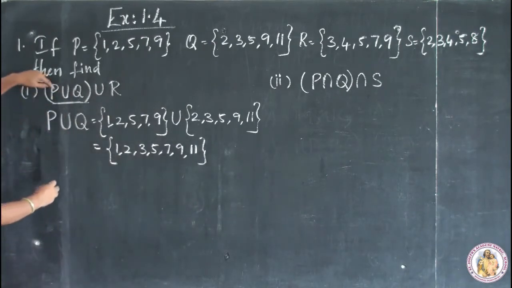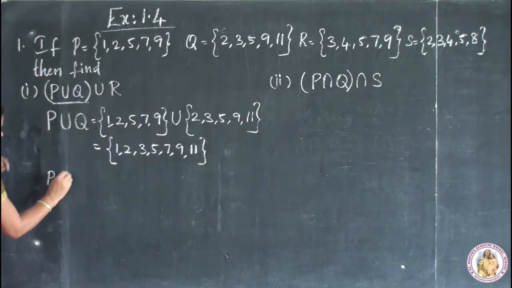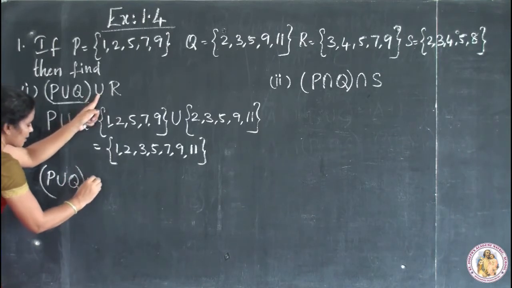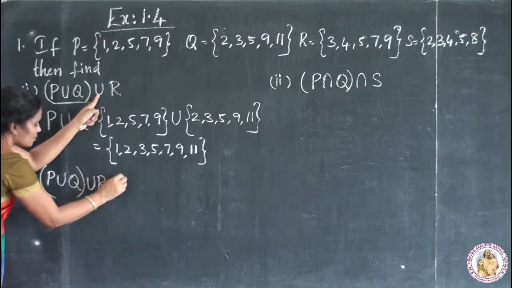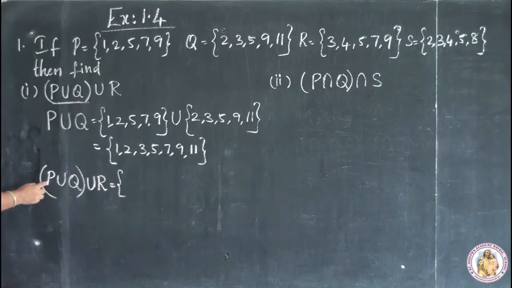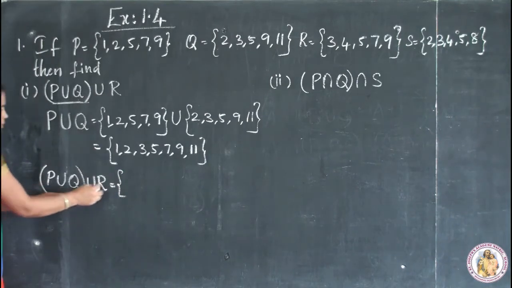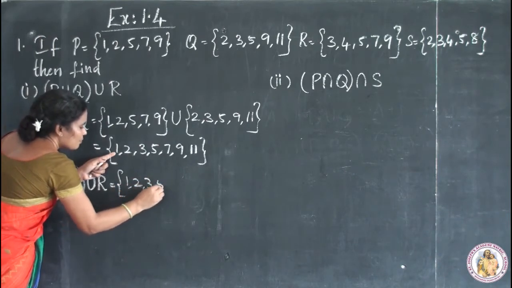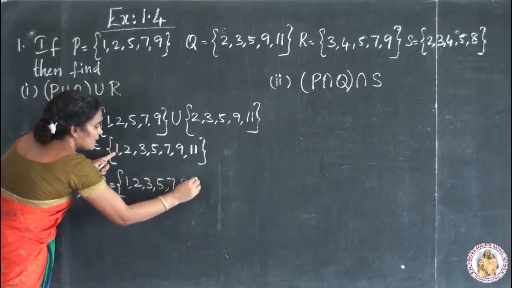Okay. And P union Q union R. First write what we have found for P union Q. P union Q is 1, 2, 3, 5, 7, 9, 11.